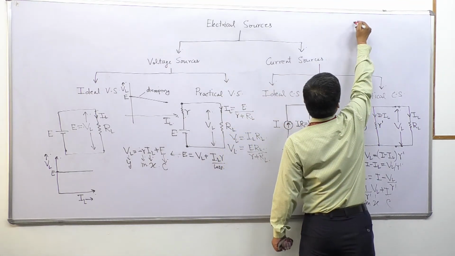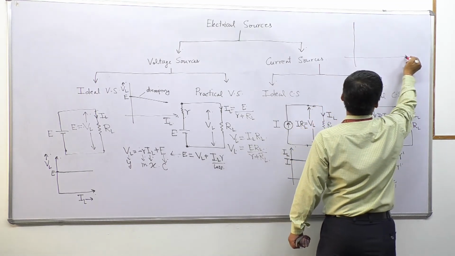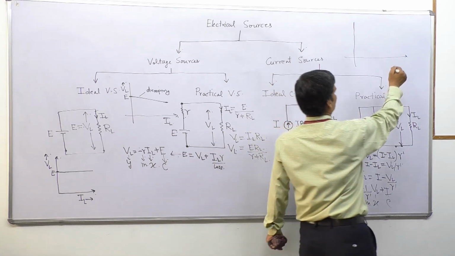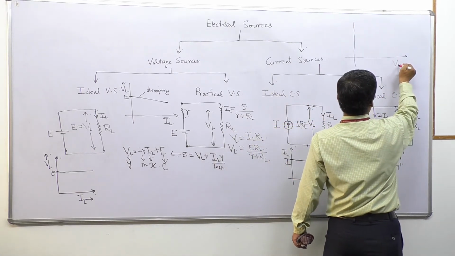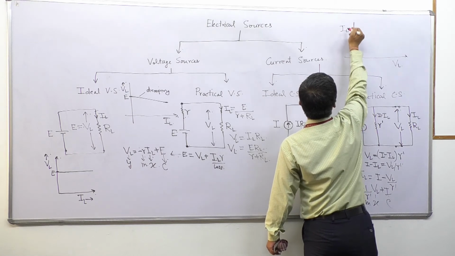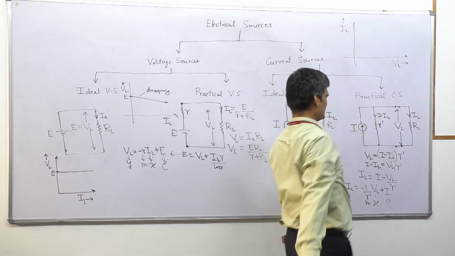So now we can have a plot of the characteristics of a practical current source: VL, IL. So load current plotted against the load voltage.